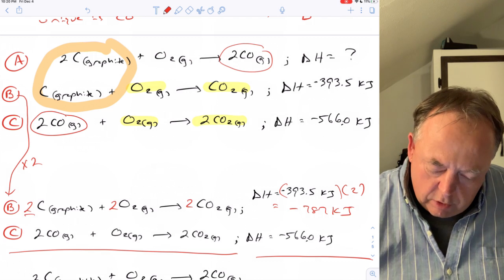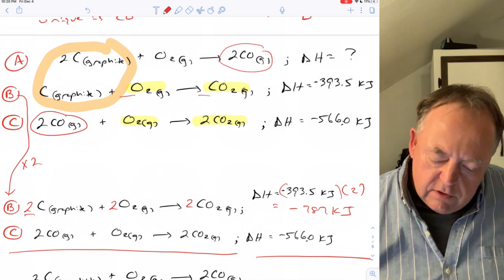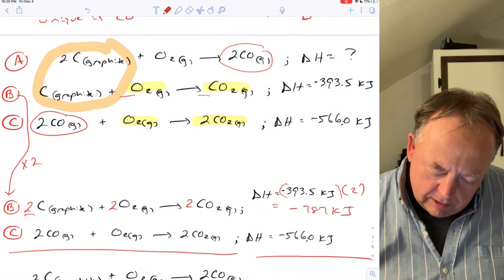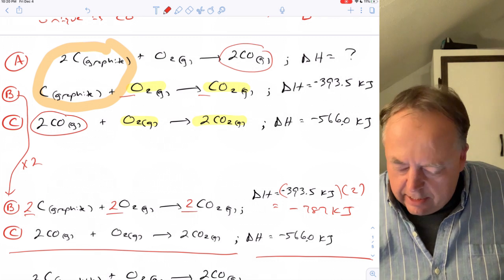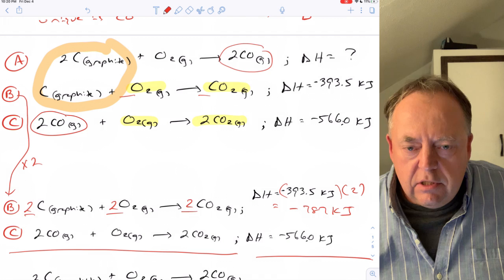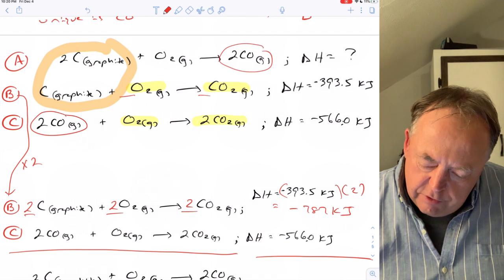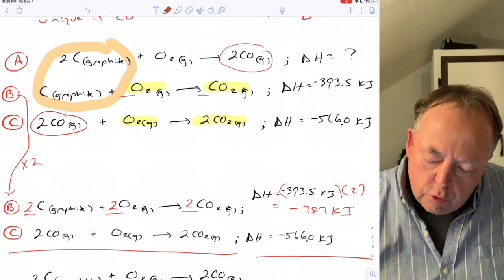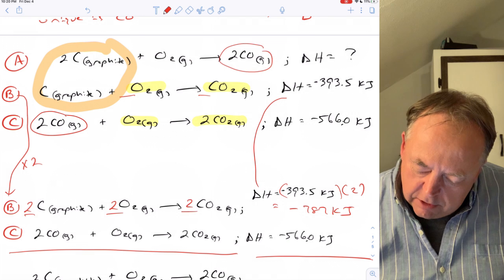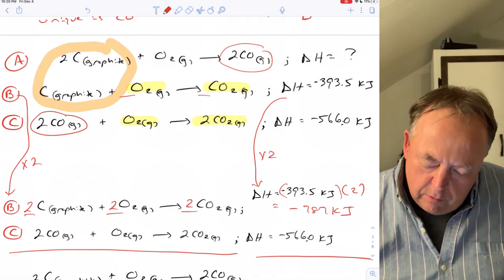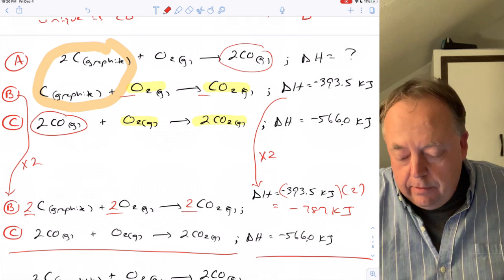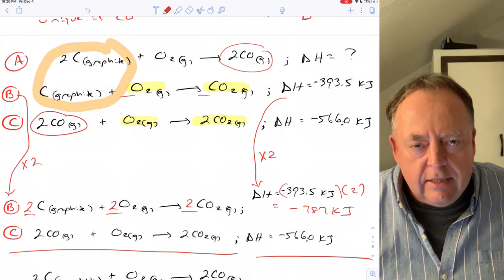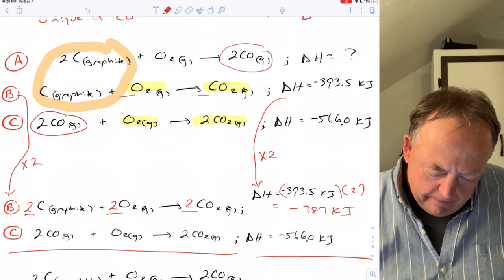Right now in B there's only 1 mole of O2 and 1 mole of CO2, but multiplying by 2 gives 2 moles of O2 and 2 moles of CO2. Whatever you do to the stoichiometry, you also have to do to delta H. If we multiplied the moles by 2, we have to multiply delta H by 2 as well.